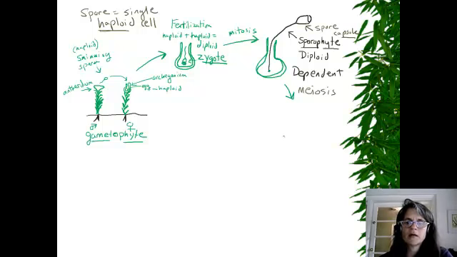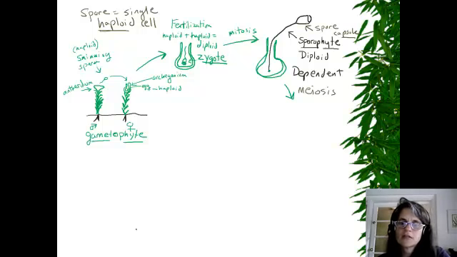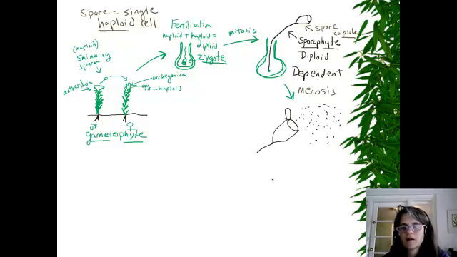So, what we're going to get is, actually, let me not change my pen color so quick. Okay? This spore capsule, I'm going to blow this up for a minute, is going to, when it is finished doing meiosis and when it is mature, pop open. A little cap will pop off, and what we are going to get are a bunch of spores being released into the air and the surrounding environment.